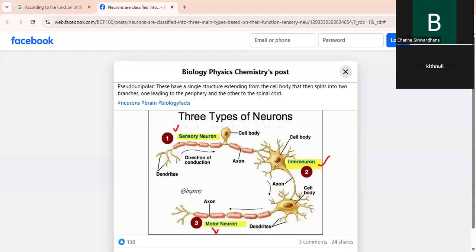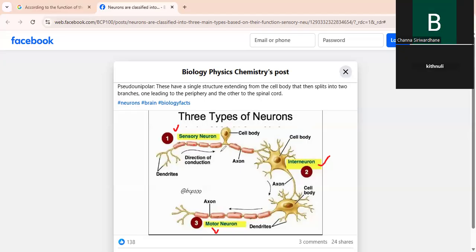Sorry, the typical neuron is the motor neuron that we have learned today. Here you will not see myelin sheaths in the interneurons. Clear?